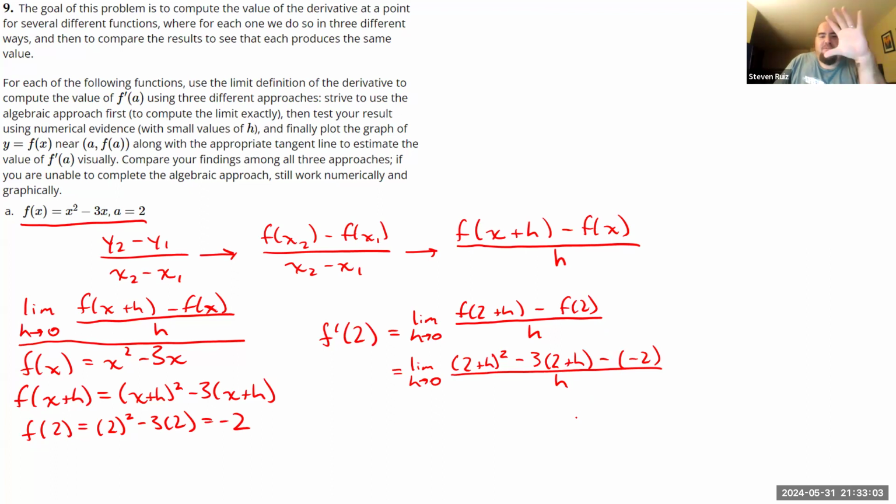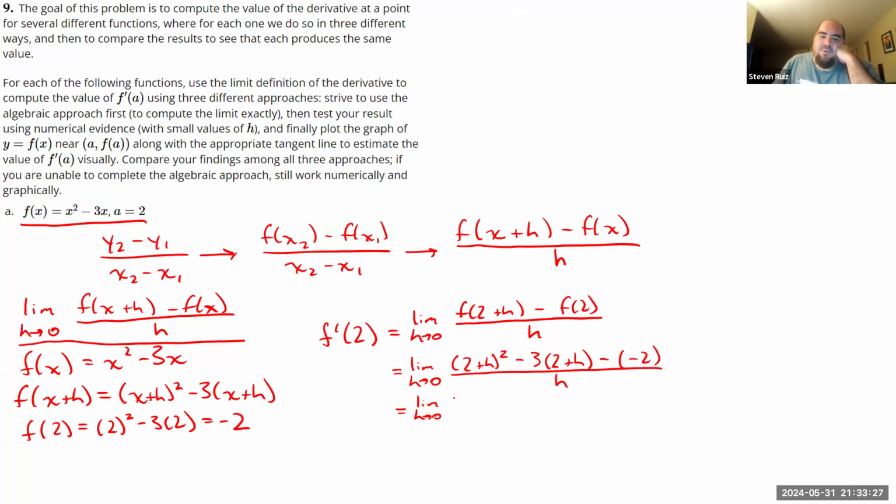Basically, we're going to do some algebraic manipulation and see if this limit can be evaluated. Right now, this limit cannot be evaluated. If I simply plug in 0 for h, I get division by 0. That is not going to help me. So let's do some simplification and see what happens.